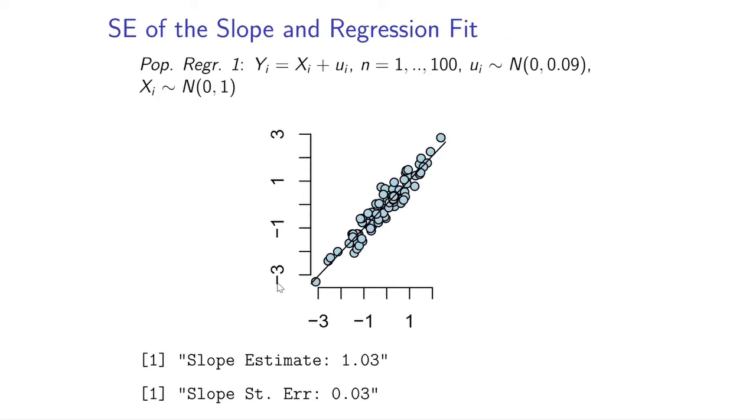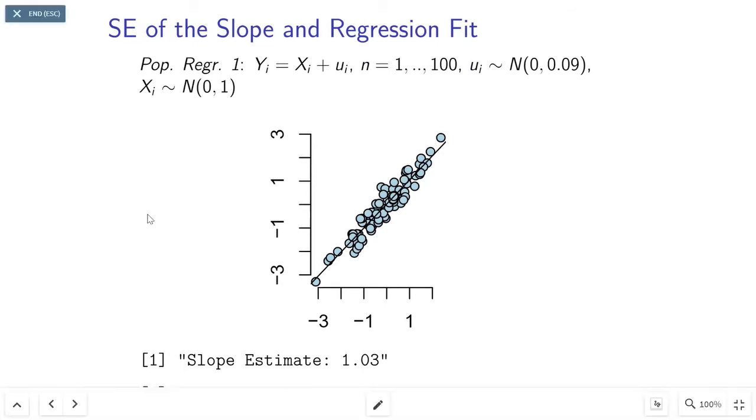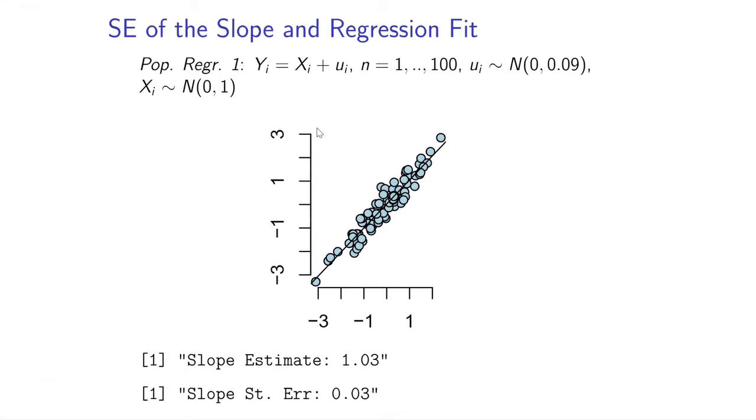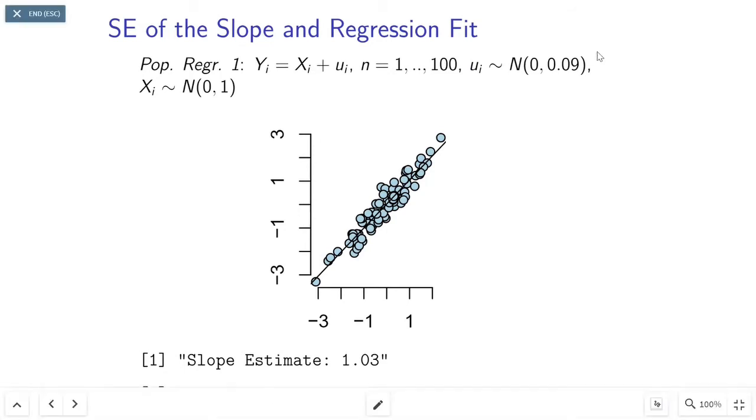Let's look at some simulation results here to learn about the properties of the standard error. I designed this simulation so I know exactly how the true relationship between x and y is defined. I also defined the sample size and the distributions of u and x. In this example, y is given by x plus u. The sample size is 100, and u follows the normal distribution with a constant mean of 0 and a variance of 0.09.